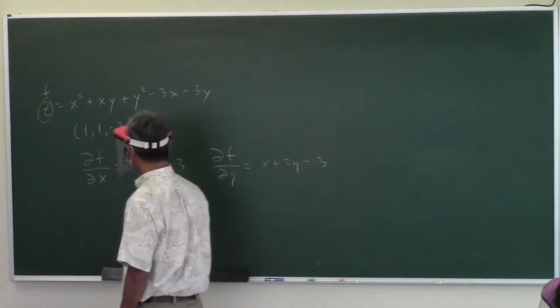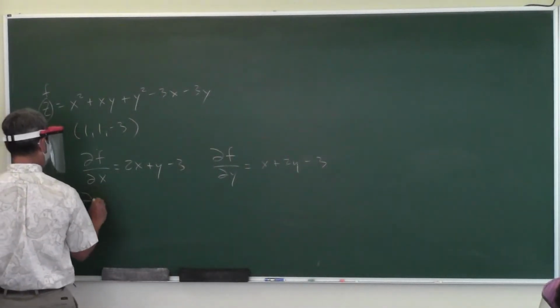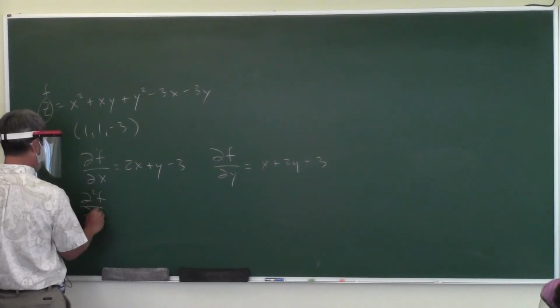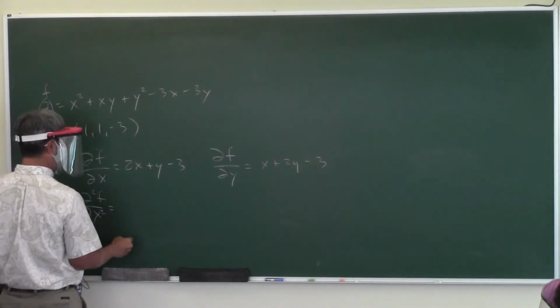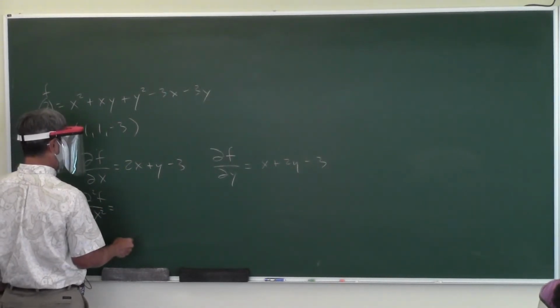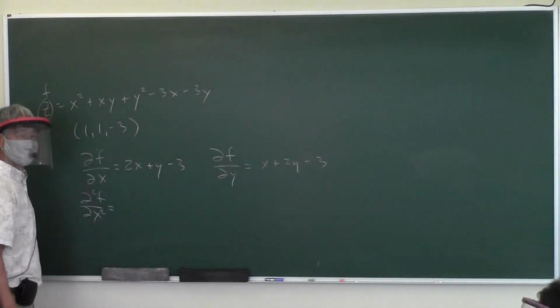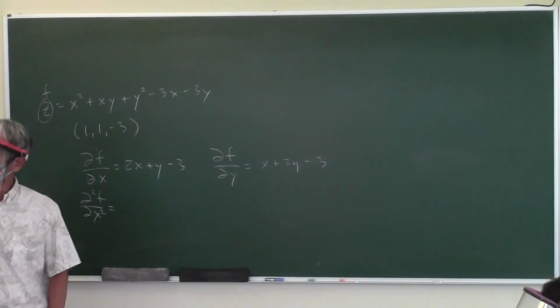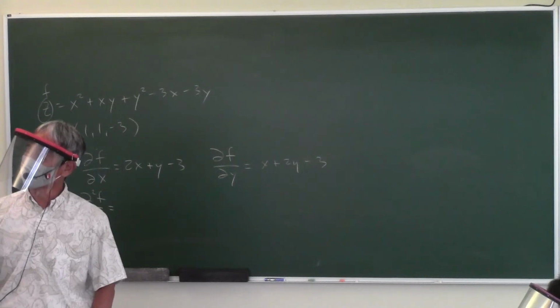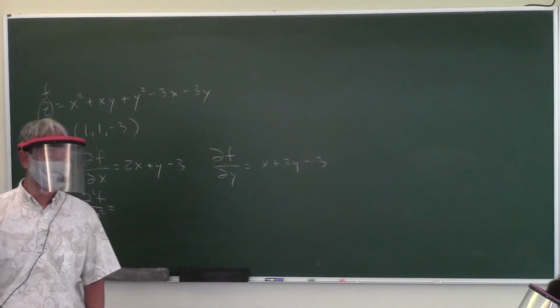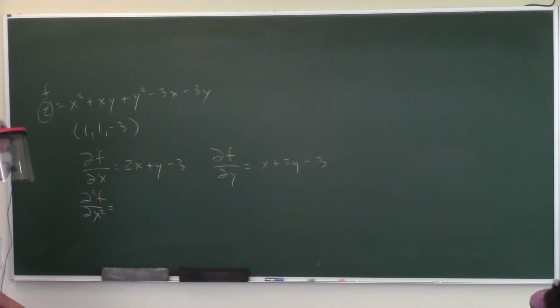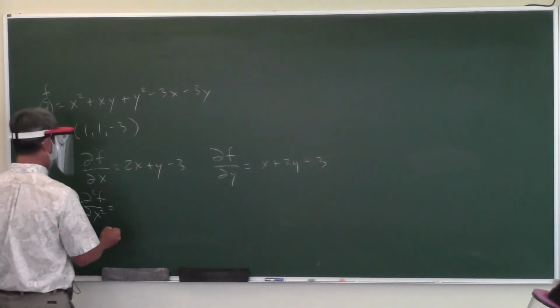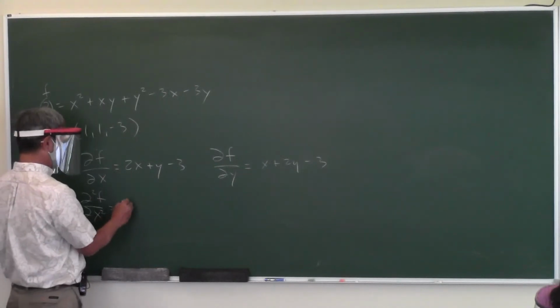Okay, and then we'll do the second partial with respect to x. Wait, I'm confused. I was wondering where the z went. Well, z is the f. It's a function of two variables. Okay, so that's just 2.